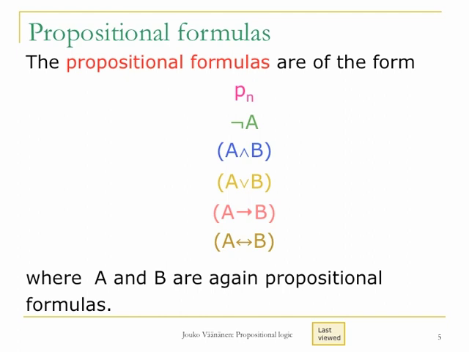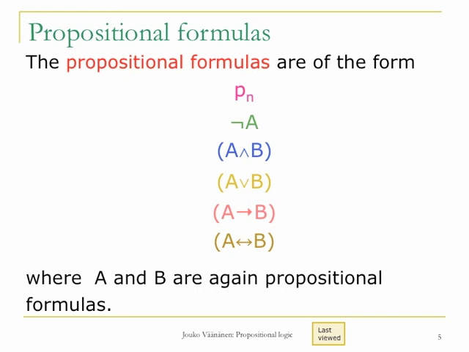This is an inductive definition in the sense that we build propositional formulas by starting from P0, P1 and so forth, and then use successively negation, conjunction, disjunction, implication and equivalence.